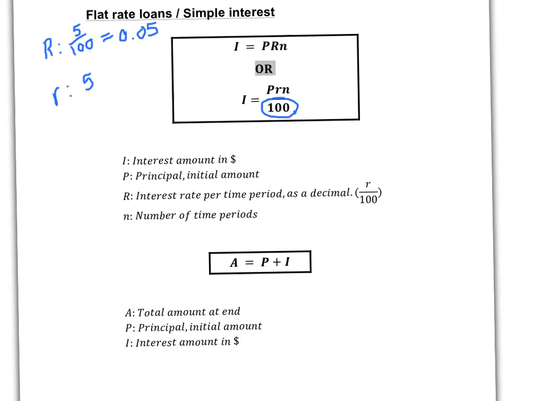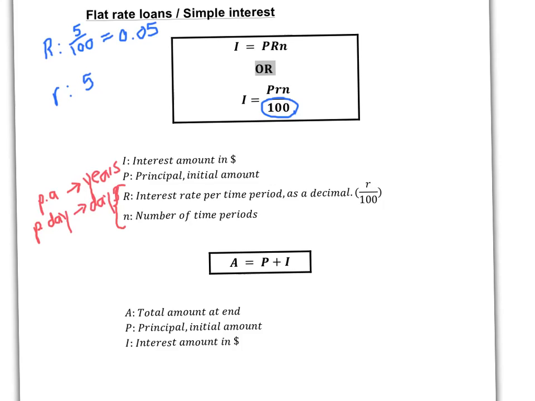We always have to make very sure that the interest rate and the number of time periods make use of the same unit of time. If the interest rate used is per annum, the time periods have to be in years. If the interest rate used is, for example, per day, then the time periods have to be in days.